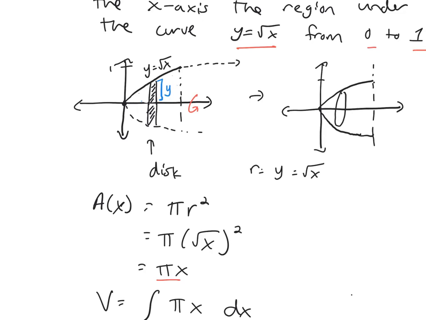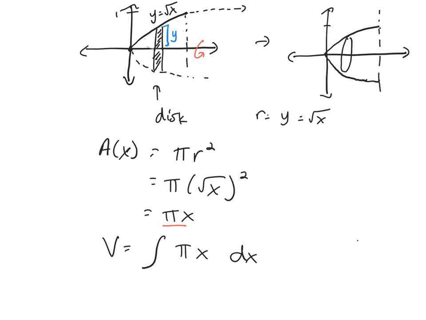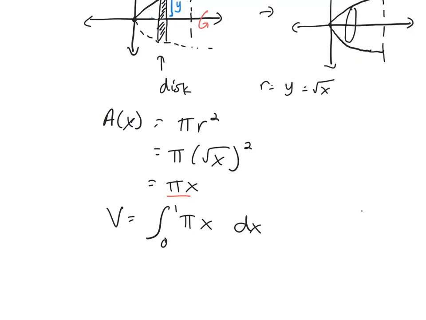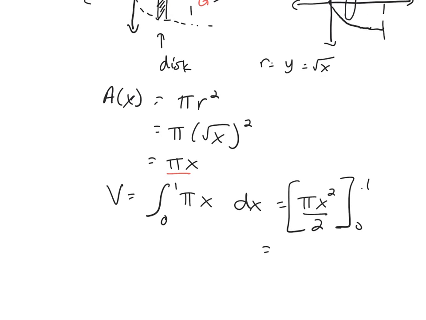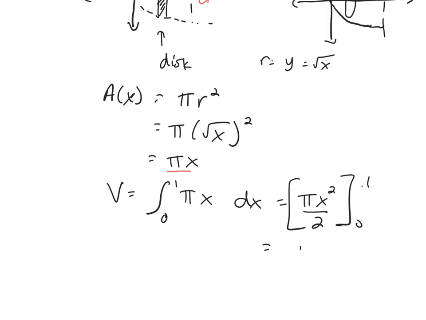What was my smallest x value I had? 0. 0 was my smallest. 1 was my largest. So it goes from 0 to 1. Okay. And then we just integrate, so this is going to be pi x squared over 2 from 0 to 1. So it looks like pi over 2 is my answer for this volume.